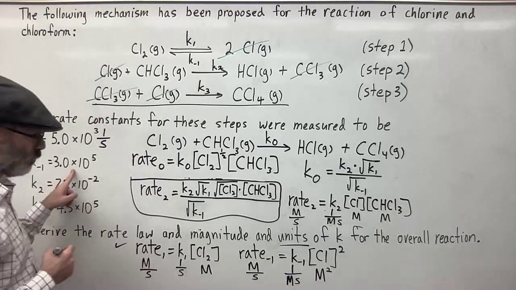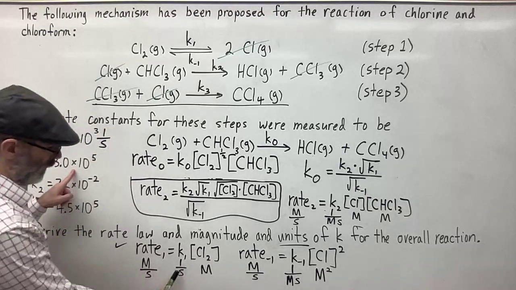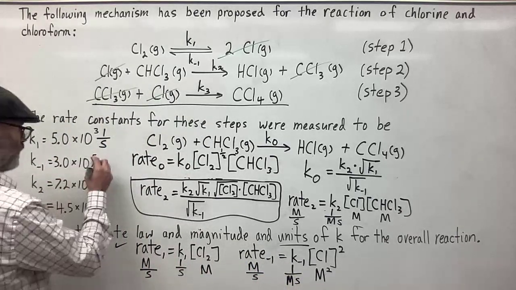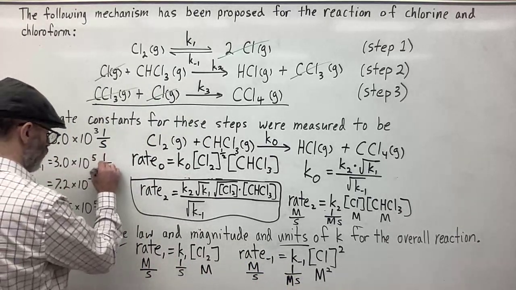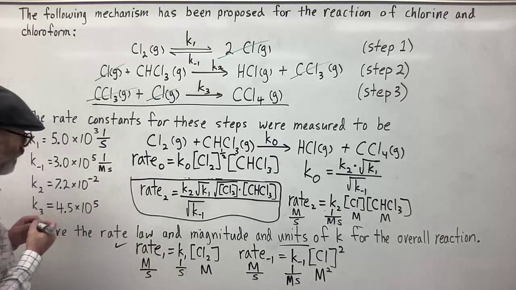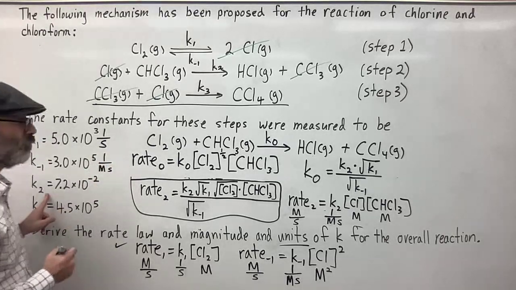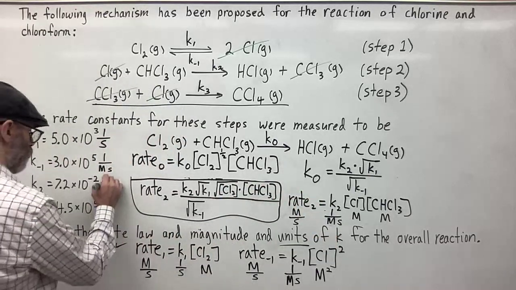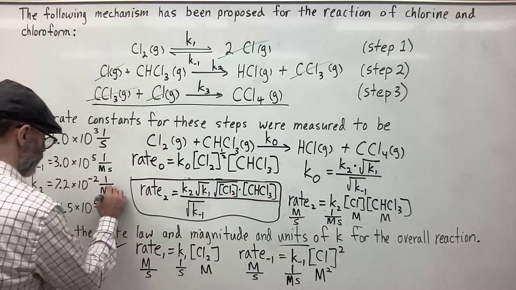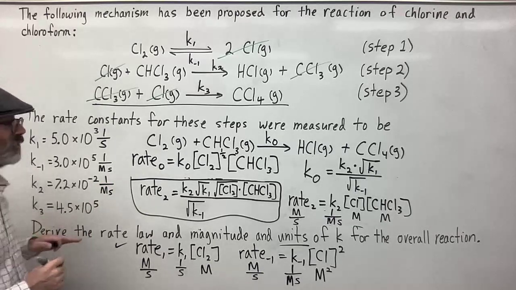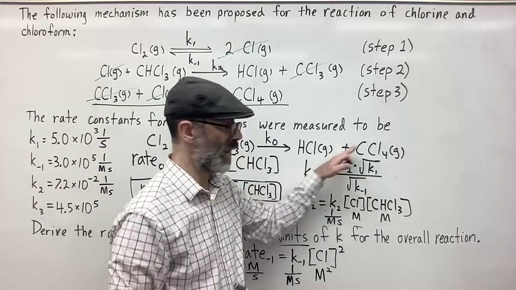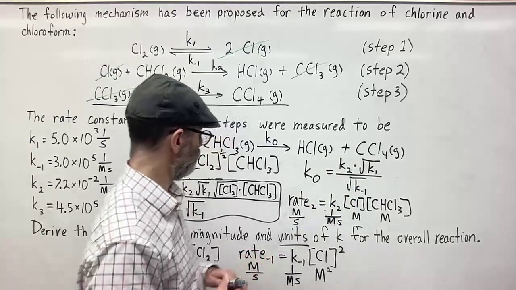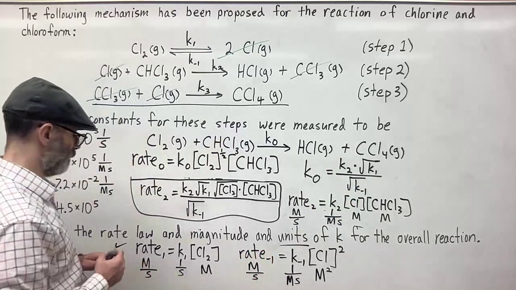K minus 1 was 1 over molar seconds. And for K2, we have 1 over molar seconds again. We don't need K3 because K3 is not in our KO expression.